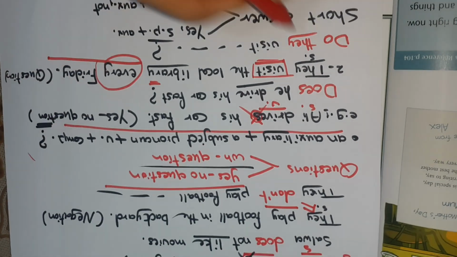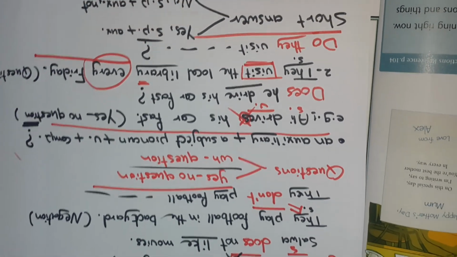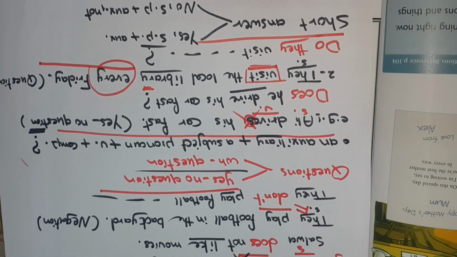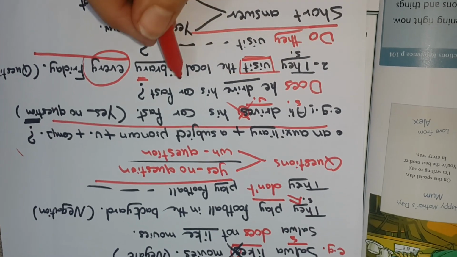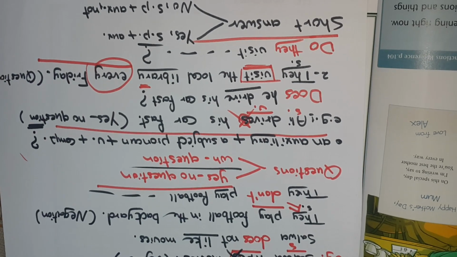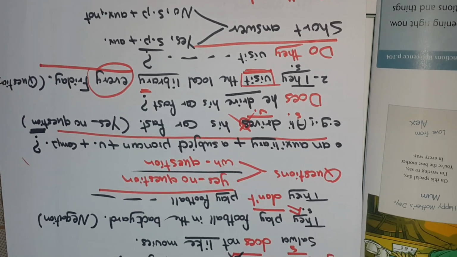Okay? For example, let's answer this question. Do they visit the library? Yes, they do. Does he drive his car fast? No, he doesn't. Okay?